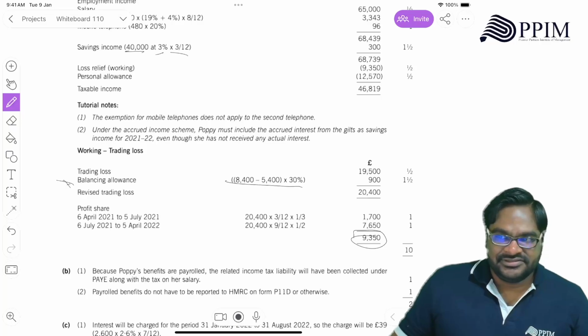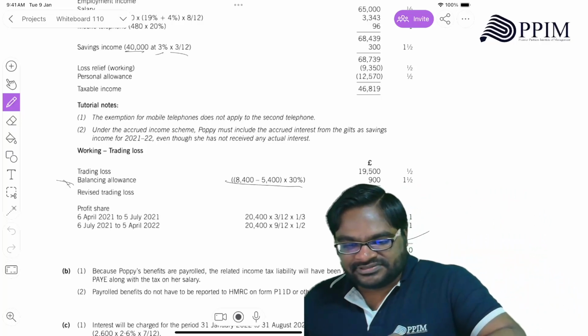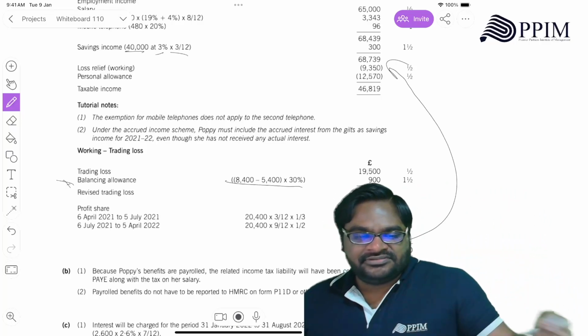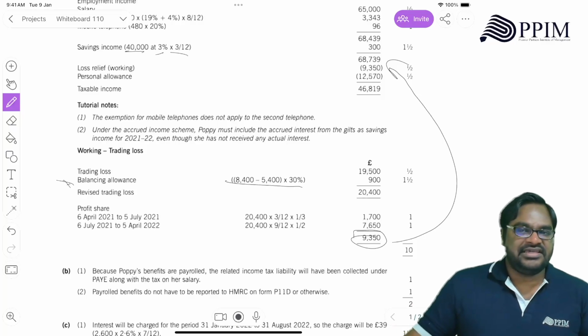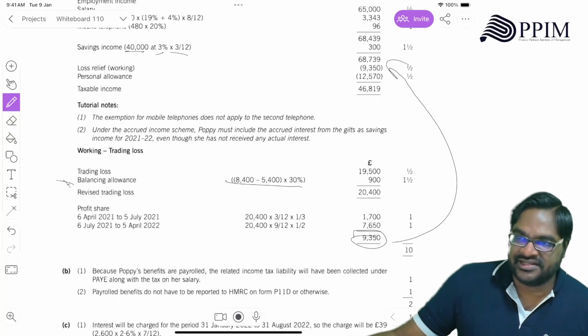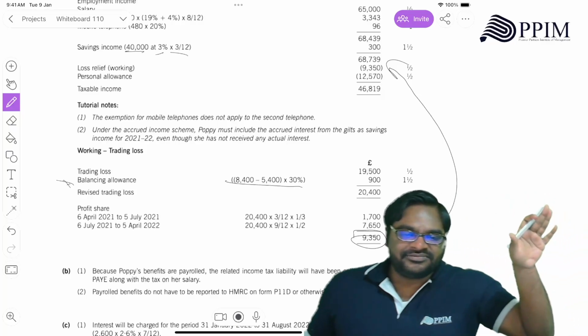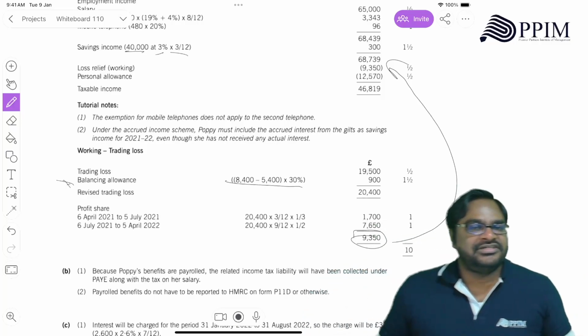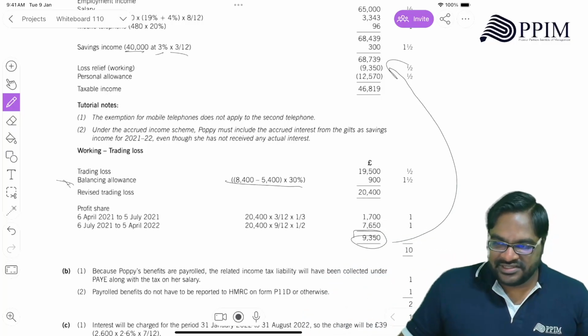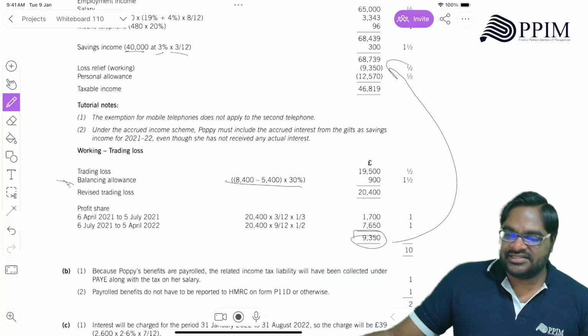Agree? That I take to the top here, because they are saying straight away she is planning to adjust that against the total income. So I took that to the top and straight away deducted it from her total income. Agree? Then deduct the personal allowance.